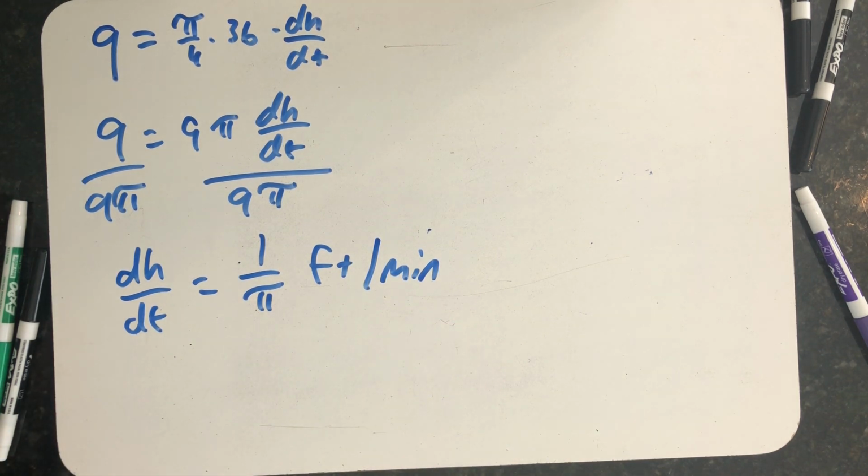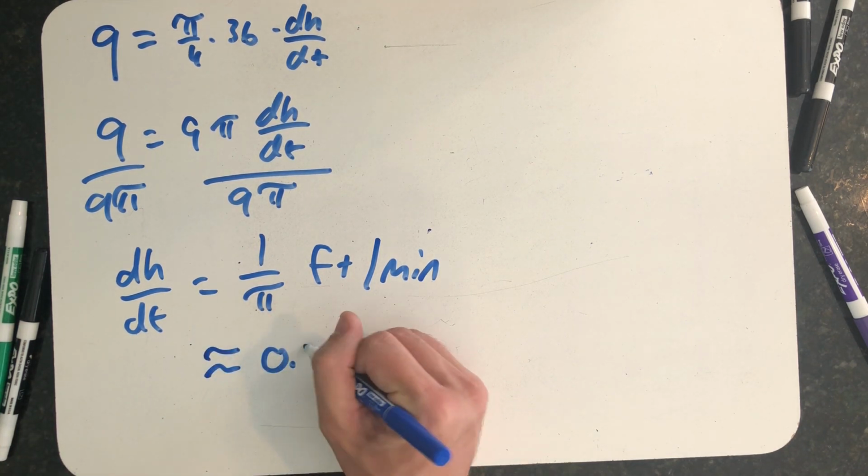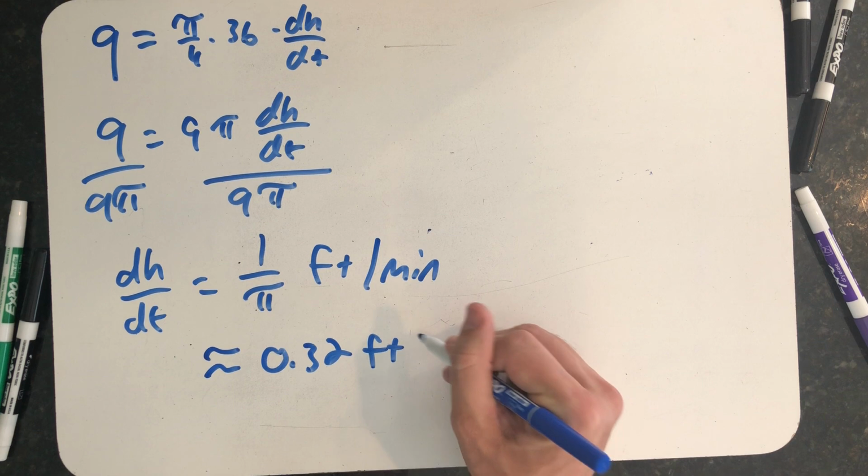If I wanted a decimal approximation, 1 over pi is about 0.32 feet per minute.